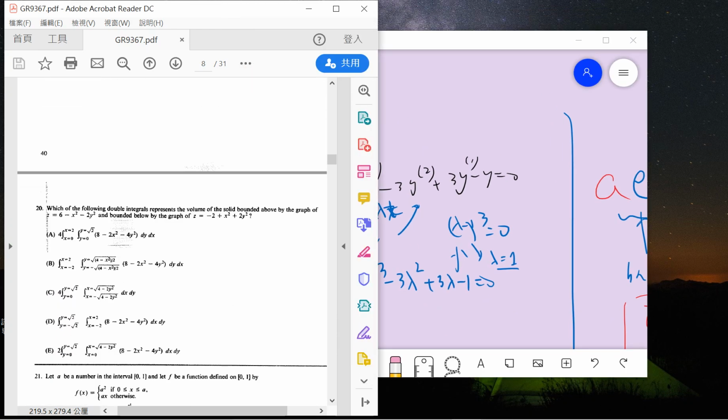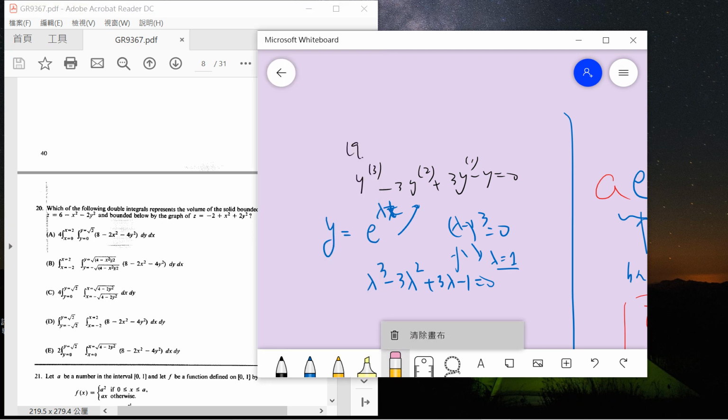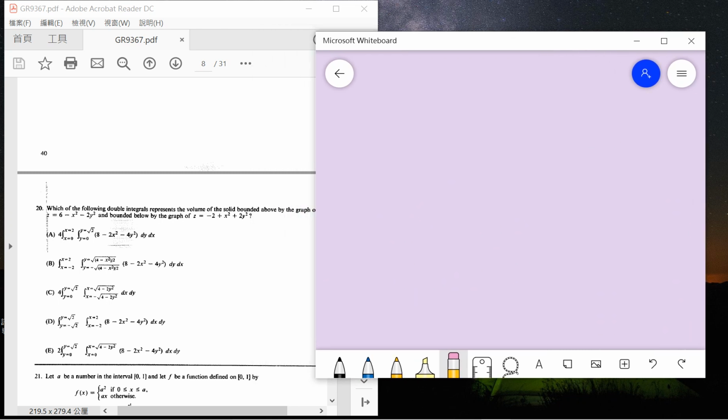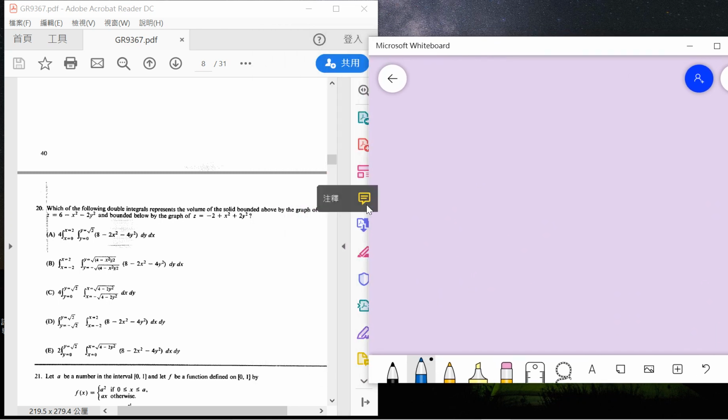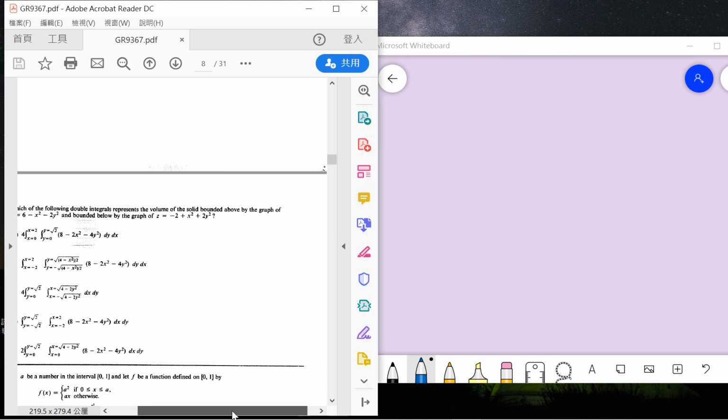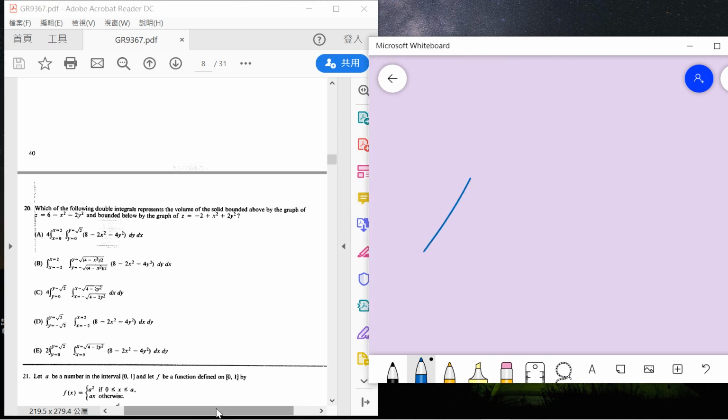Okay, so number 20. I think number 20 is still easy. So let me try to solve it. Number 20 says that there's a volume which is bounded above by the graph 6 minus x squared minus 2y squared.